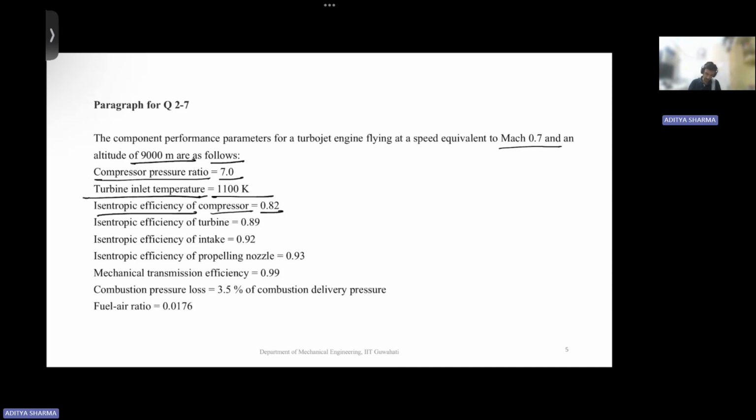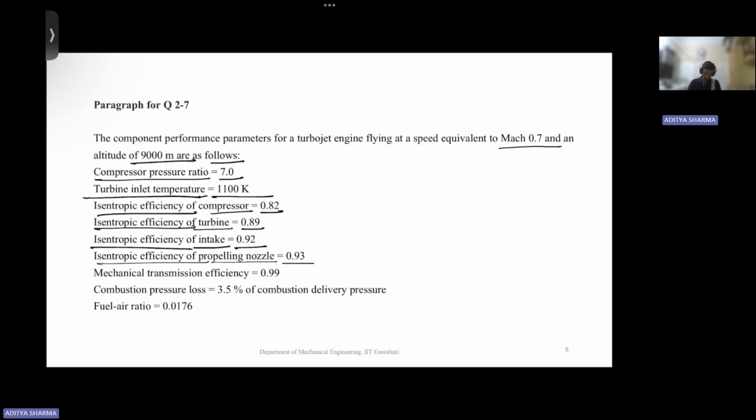Then isentropic efficiency of intake is given as 0.92. Then isentropic efficiency of propelling nozzle is given as 0.93.